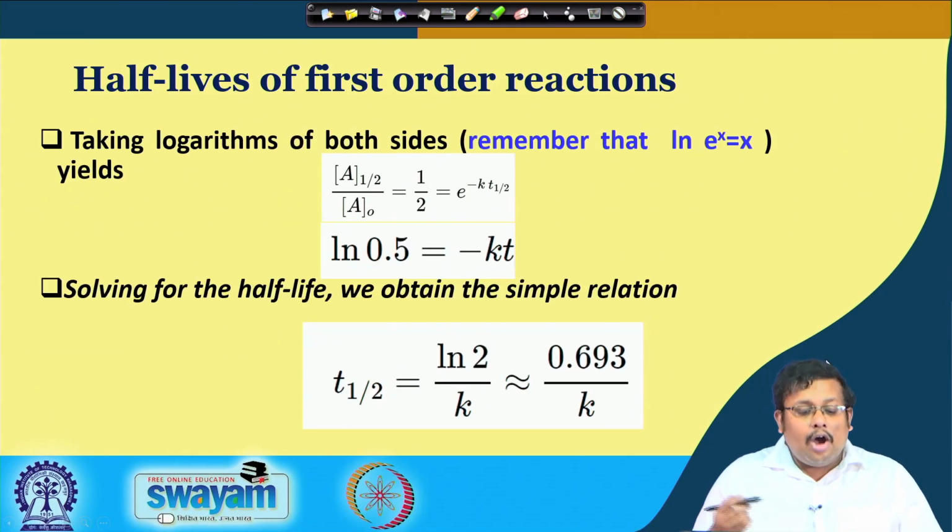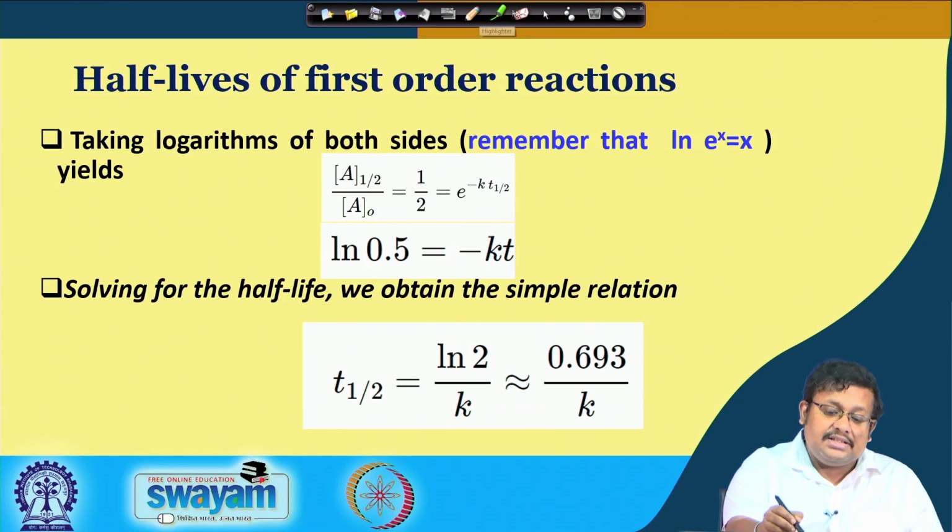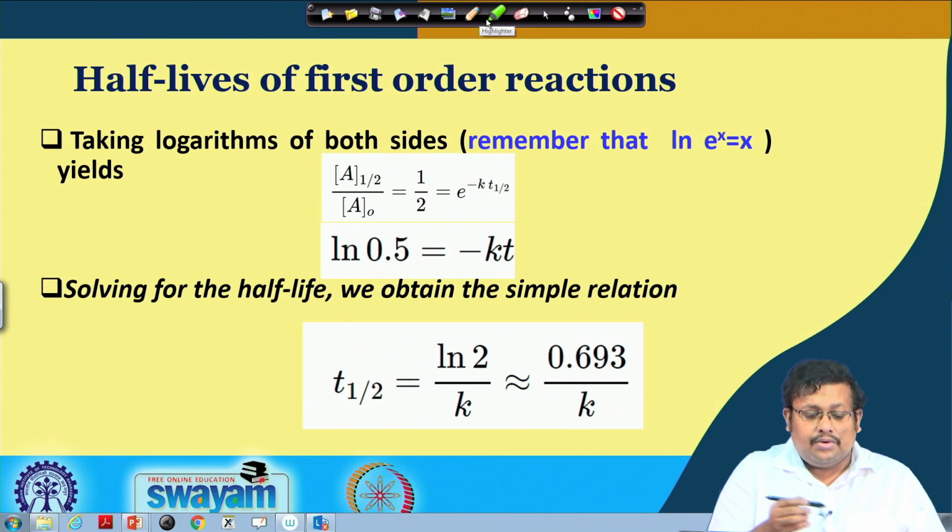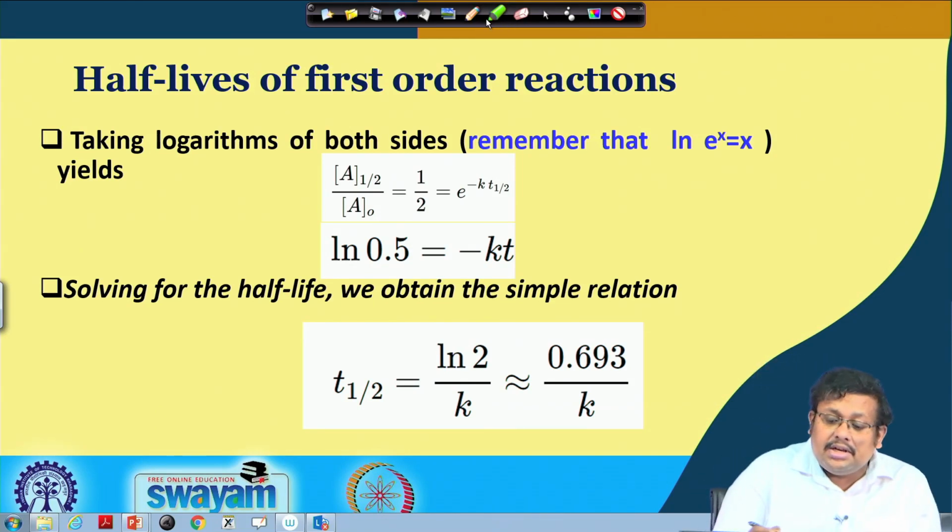So, this is how the half life period for a first order reaction can be expressed. If we take the logarithm on both sides of this equation, we have to remember that the natural logarithm of e to the power x is equal to x. So the logarithm of 0.5 equals minus k T. Solving for the half life, we get a value of the half life equal to 0.693 by k.